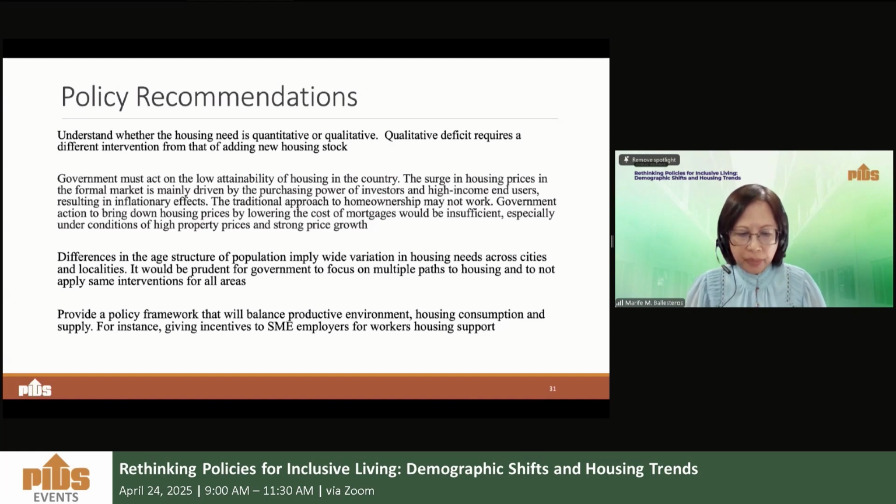So, what do we do, or what could be the measures to address this? I think what government should really do is to make sure that the gap between compensation, or I mean, income and wealth and housing prices does not widen. And there are several ways of doing that.